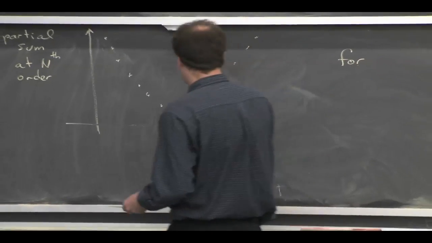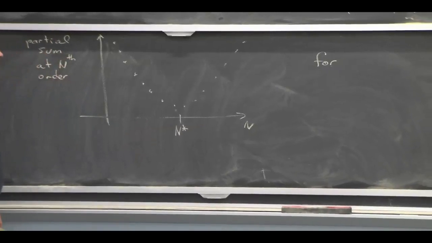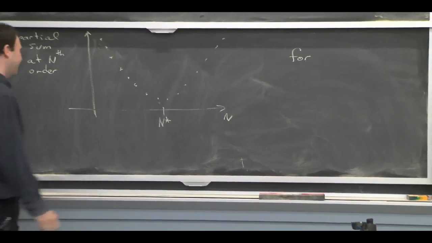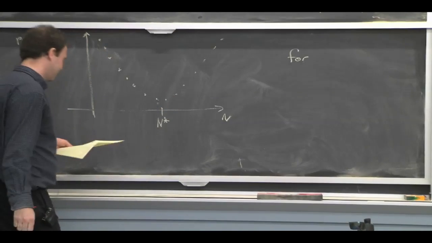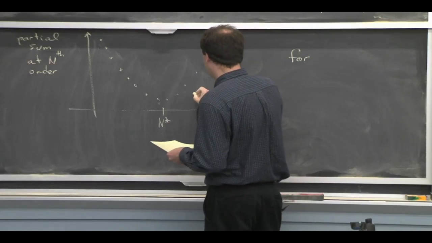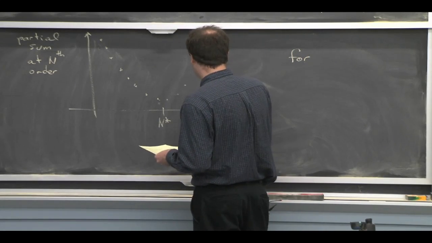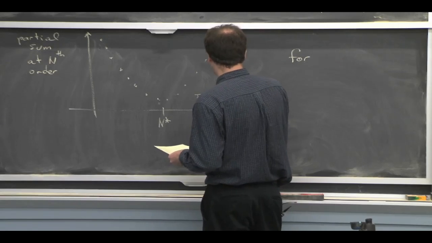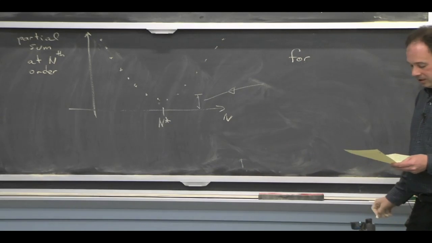Now you can say, well, the best thing I can do is stop doing perturbation theory at some n star, because that's where it looks the best, and that actually is not such a bad thing. It turns out you can characterize the mistake you're making by stopping there.